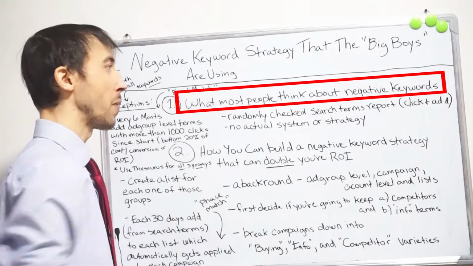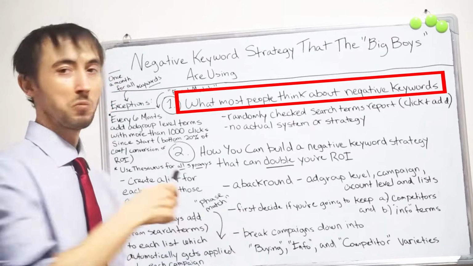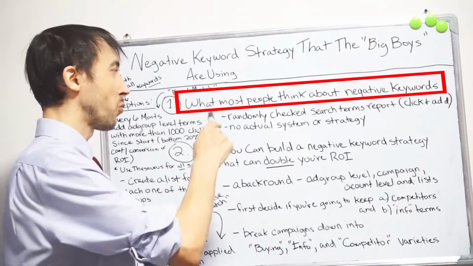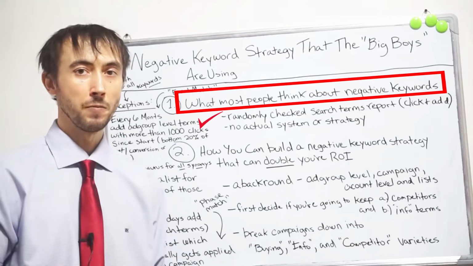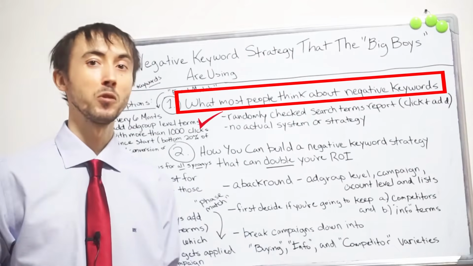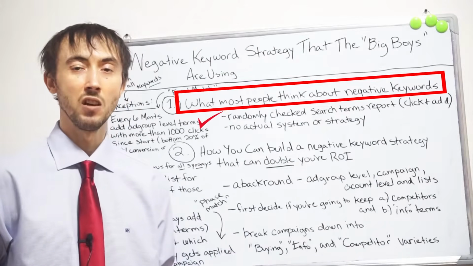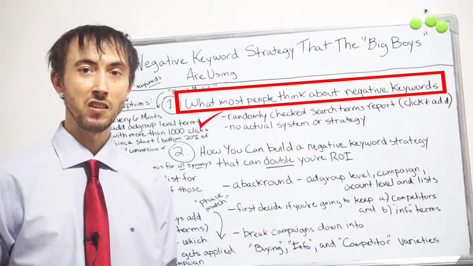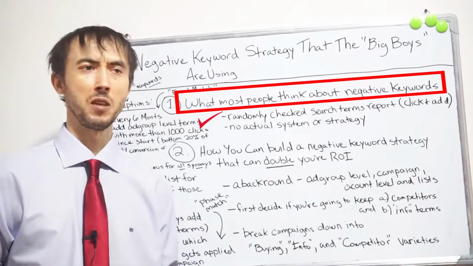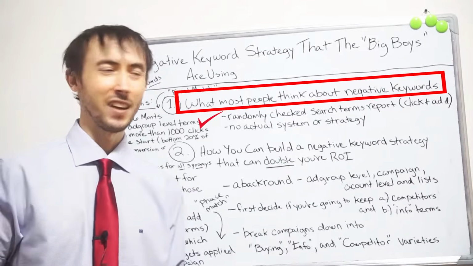What most people think about negative keywords, for number one here, in terms of what they actually do and what I've seen: people randomly check their search terms report, their Google rep. First of all, people don't even know about negative keywords starting out, because it's not clear until you click around the account and you see it. Or maybe you'll see negative keywords and go, what the heck is that?